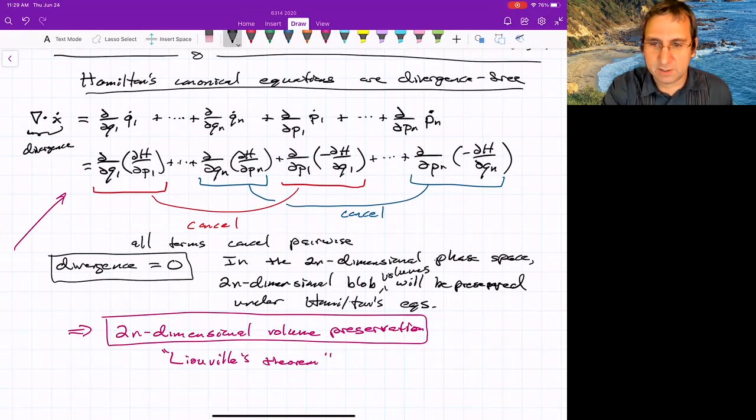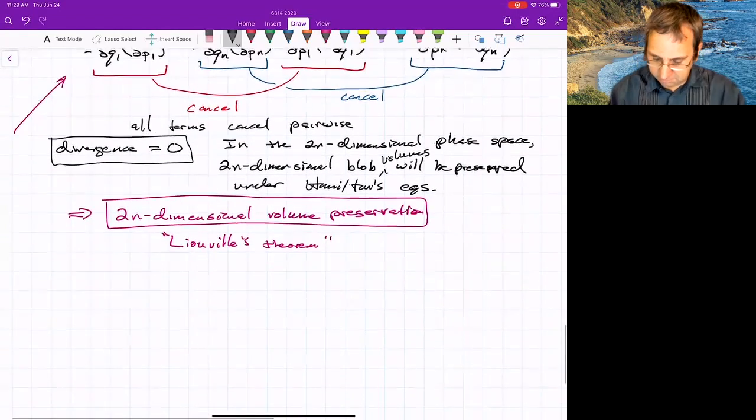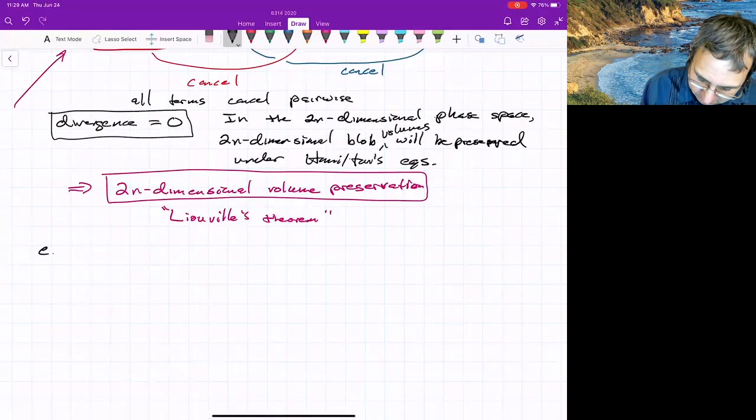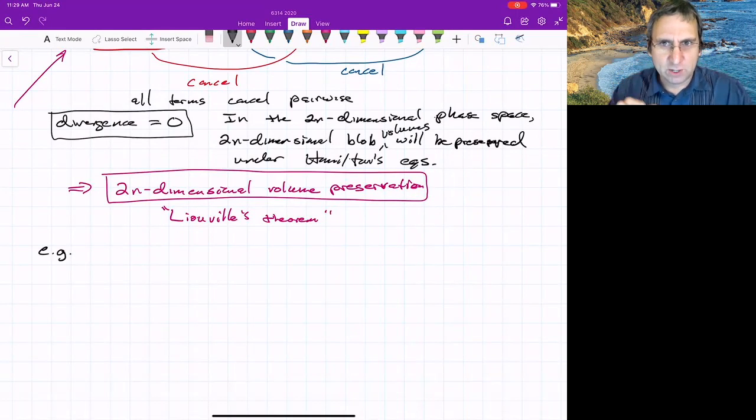So of course, this is true in 2D fluid flows. And why am I doing 2D and not 3D full fluid flow? So 2D fluid flows can be written in a Hamiltonian form.